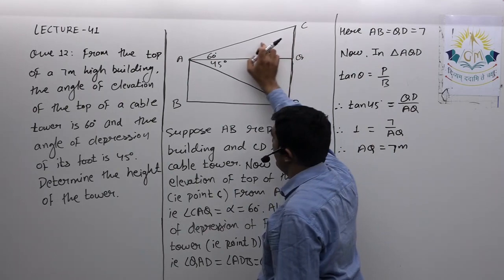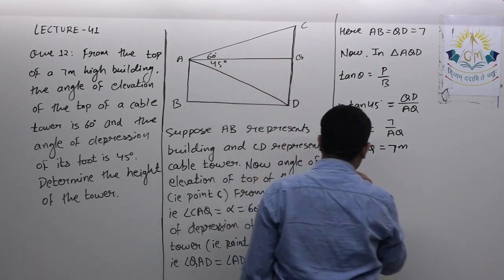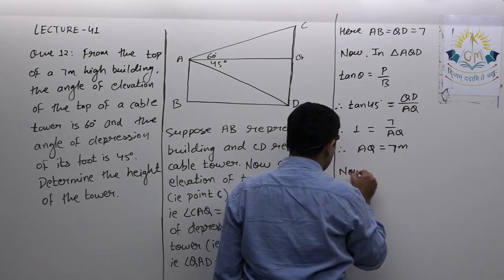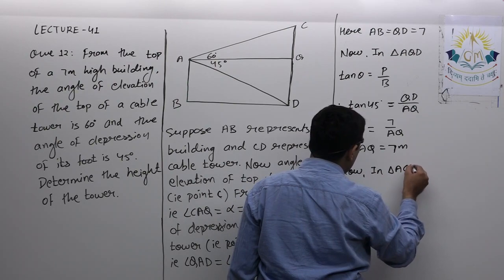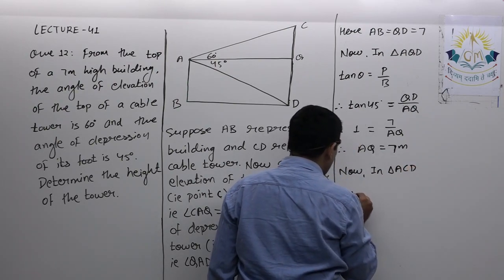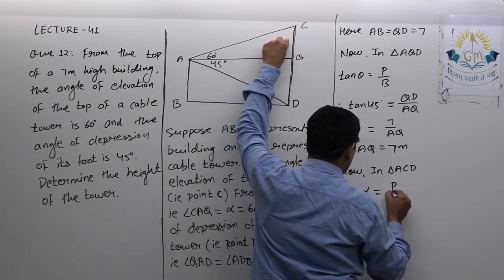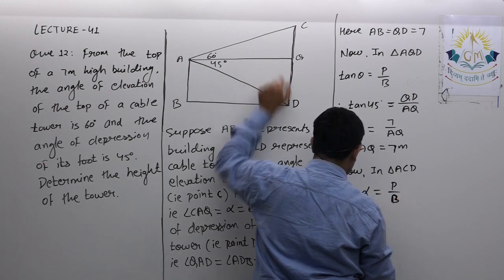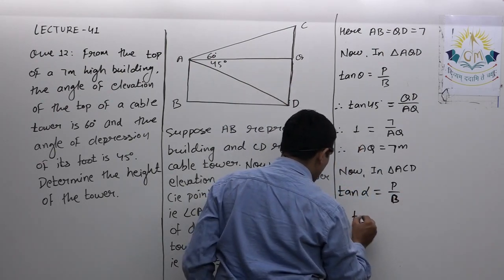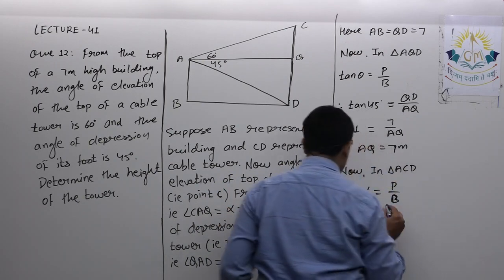Now I apply again a trigonometric ratio, tan, in triangle ACD. So tan of alpha is equal to perpendicular upon base. Base is AQ. So therefore tan of 60, because alpha is 60 degree, as we described over here.